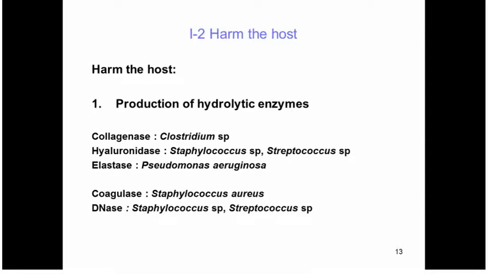Also, since we're on this topic, some pathogenic bacteria do the opposite of Staphylococcus aureus. That is, they will express fibrinolytic enzymes. So Streptococcus will express streptokinase. This one has the activity of breaking down blood clots.